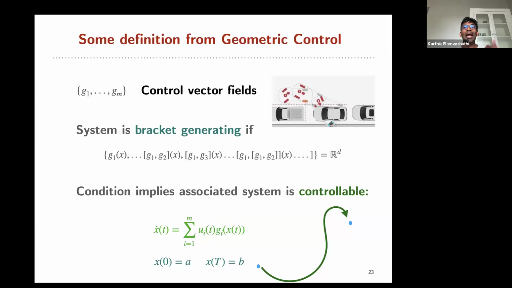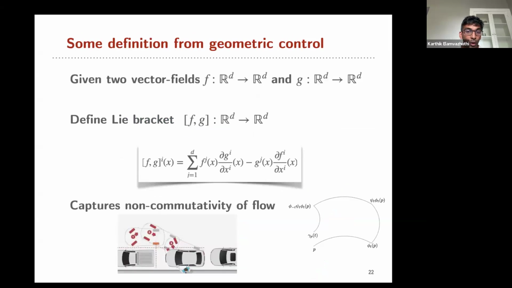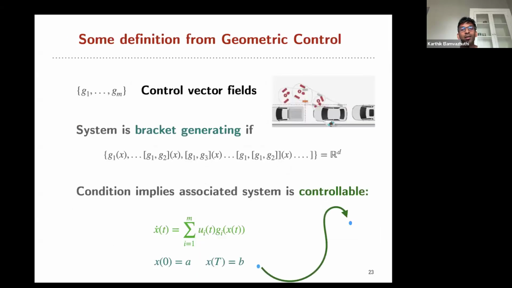So it turns out you can characterize this non-degeneracy using these properties of the vector fields using the notion of a Lie bracket, which if you've taken a nonlinear control theory class, you will probably have come across. These Lie brackets are capturing this idea: can you generate a new direction using your existing control directions?